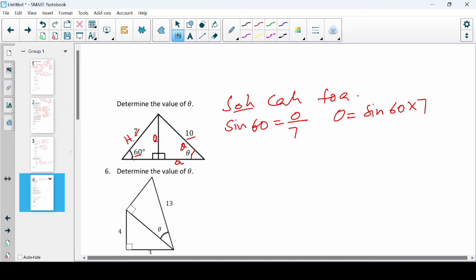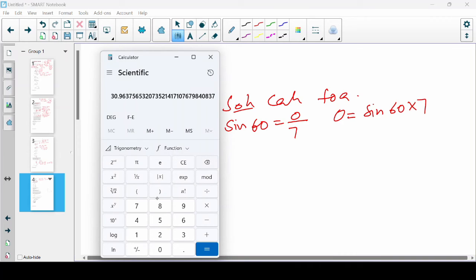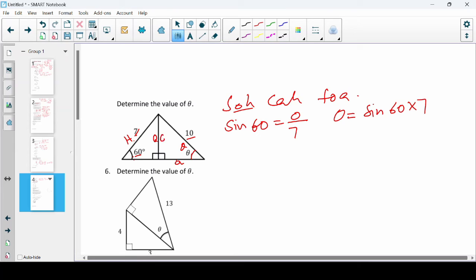So let me calculate as well. 60 and sine gives us this thing times 7. This gives us 6.06, so 6 is the side of this one. I write it to one decimal place. And 6.07, so I write it as 6.1. So 6.1 is O.